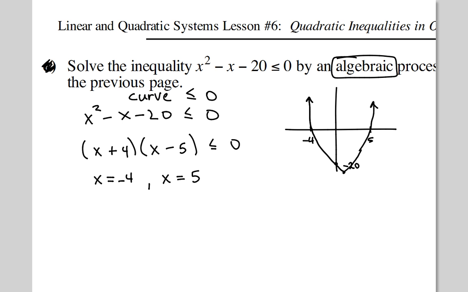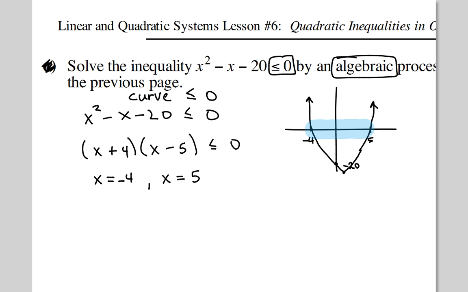Okay, so there's our quadratic. And we're looking for less than 0. So I'm looking for this region in there. You guys agree? Less than 0. So where does that graph dip below the x-axis? Less than 0.